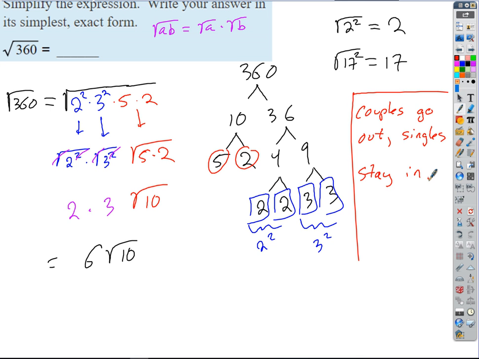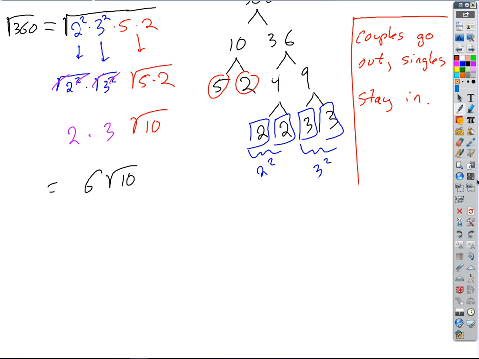That's it. If you remember that couples go out of the radical, singles stay in the radical, then that's the key, right? Right from this part right here, we had it made. All we had to do, with 360, is whatever we have a couple of, we have a couple of 2s, so I'm going to put 1 2 outside.